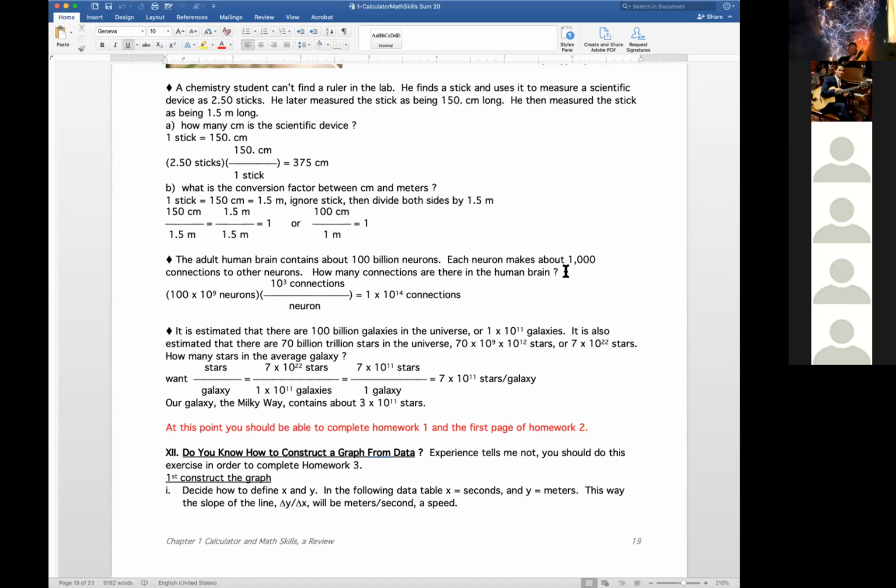What am I starting with? Here's 100 billion neurons. Now I need a conversion factor. Every neuron has about 1,000 connections, so I'm canceling out neurons, keeping connections. There's the number of connections.